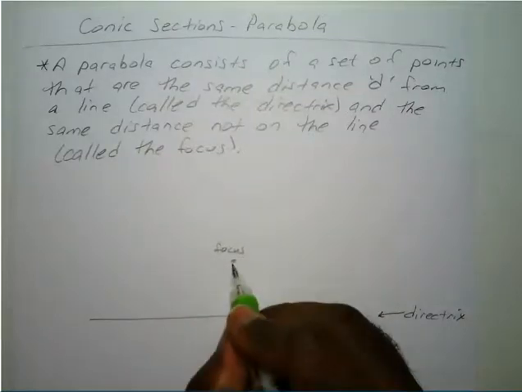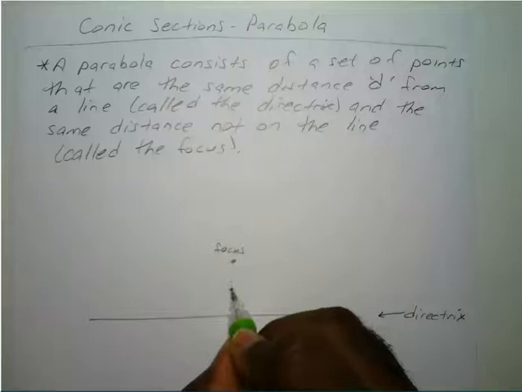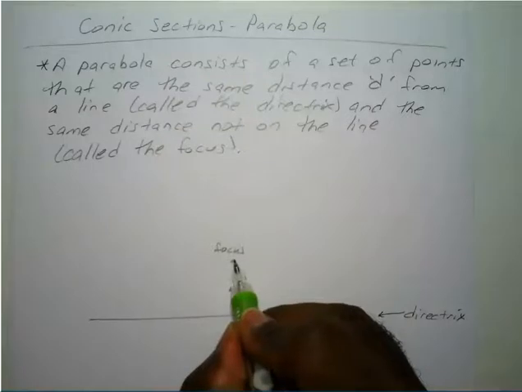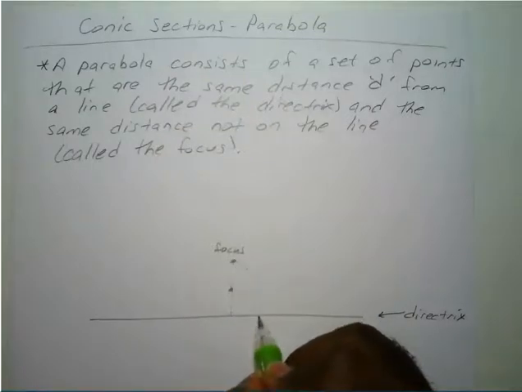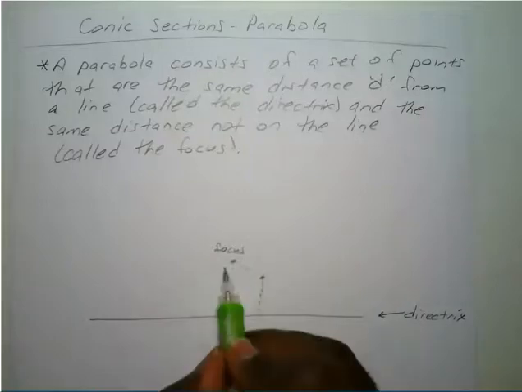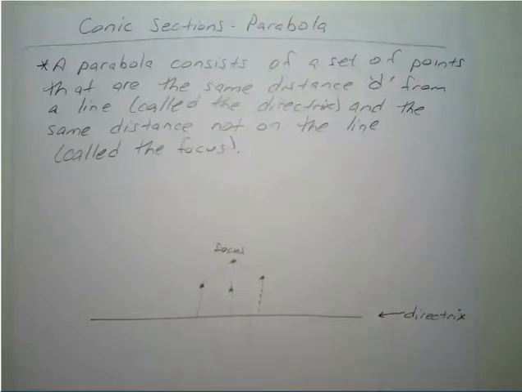Now let's pick a point right in the middle, halfway between the focus and the directrix. Same distance. And what if we pick a point here that once again is the same distance? And we pick a point here that once again is the same distance.